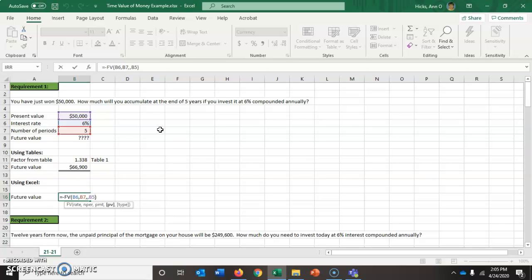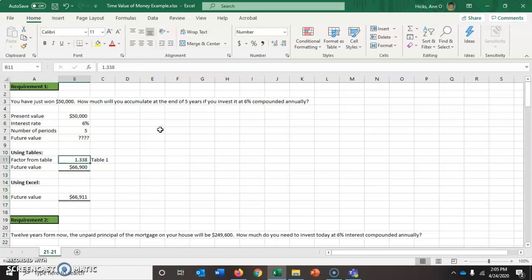And then the present value is B5. That gives us a future value of $66,911. Under the 2 methods, you should come up with numbers that are close to one another. They may be a little different because the factor from the table is truncated, whereas Excel is calculating down to the dollar.